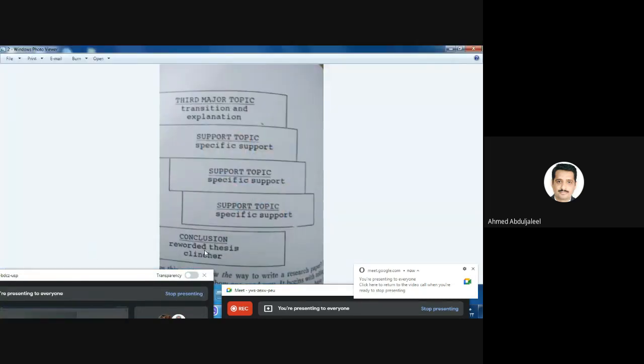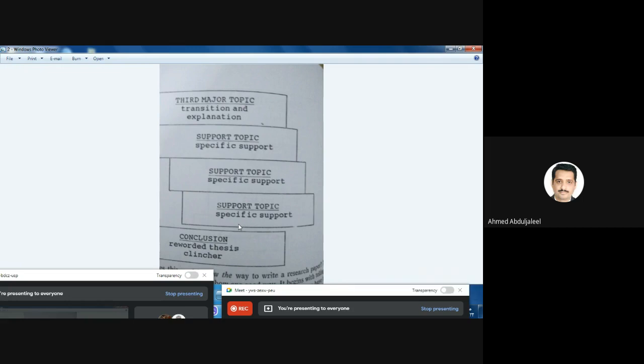You can see here, conclusion. So when we talk about these three main parts, within these parts we have some sort of division, or what we call subtitles, subsections, for the things that we are going to include in the research.